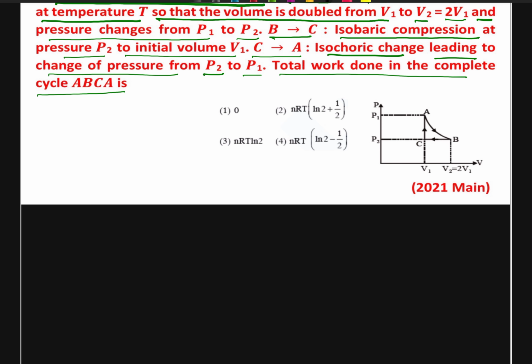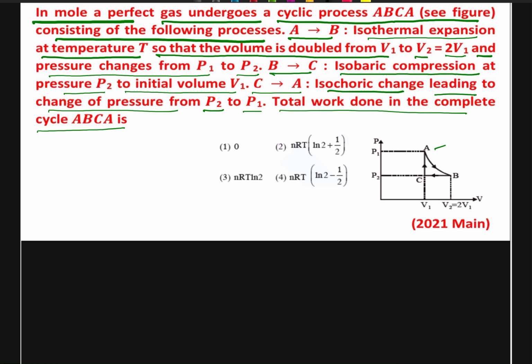So the basic figure is given to us. It starts from A and it is our isothermal expansion A to B. Then B to C is our isobaric compression, and C to A is our isochoric.